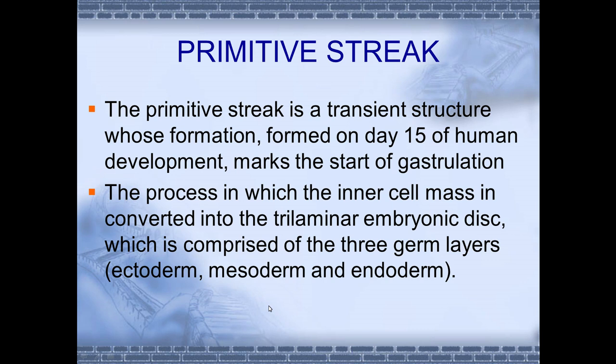Then there is one more important term, known as the primitive streak. You can get a short note on the primitive streak in your main exams, so please try to understand and know what to write in this.